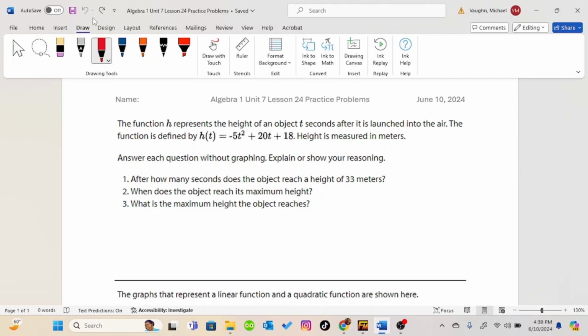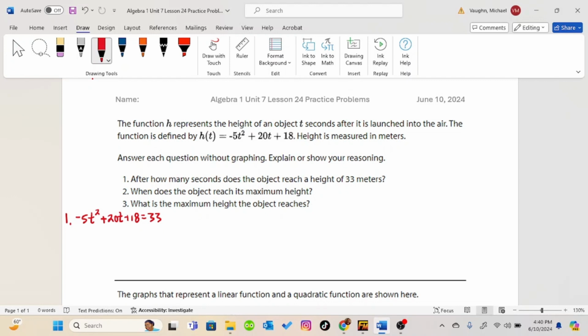Well, if we're looking for a height of 33 meters, then we would set the equation equal to 33. So we're going to have negative 5t squared plus 20t plus 18 equals 33. Before we can use the quadratic formula, we need to set this equal to 0.